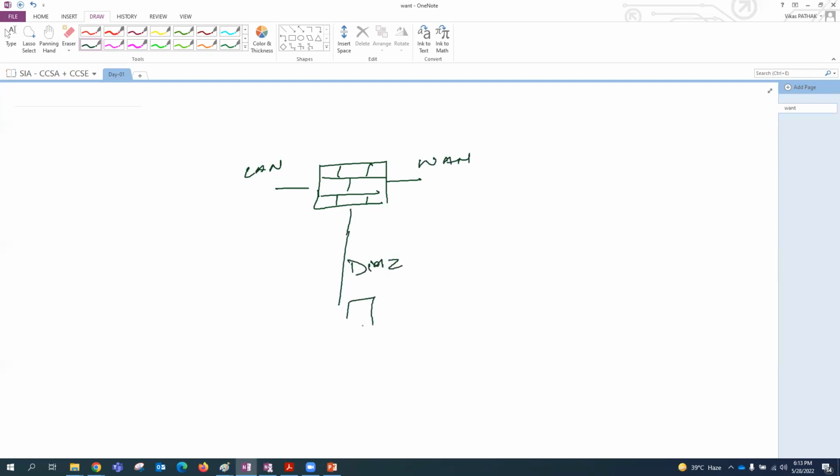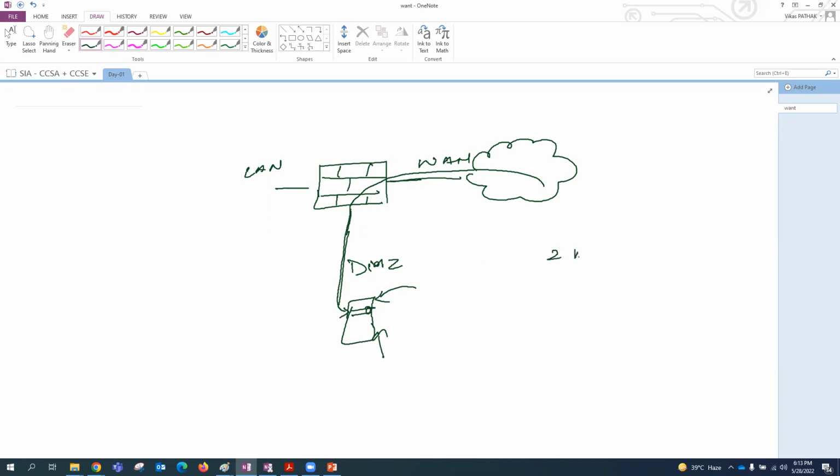In the DMZ, you have a server placed over here, and on the WAN, you have internet connectivity. And let's suppose a server team person has come to you and they are mentioning that from the internet, they are getting multiple login attempts on this particular server, and you need to immediately block that connection.